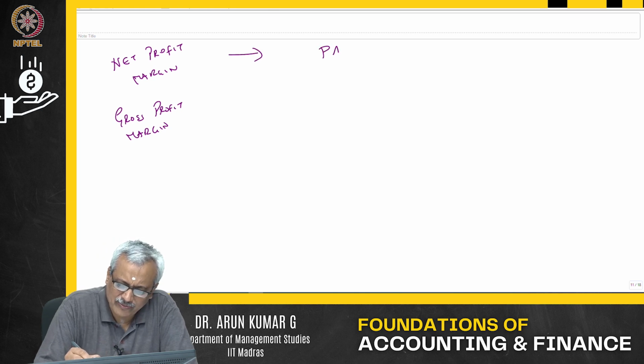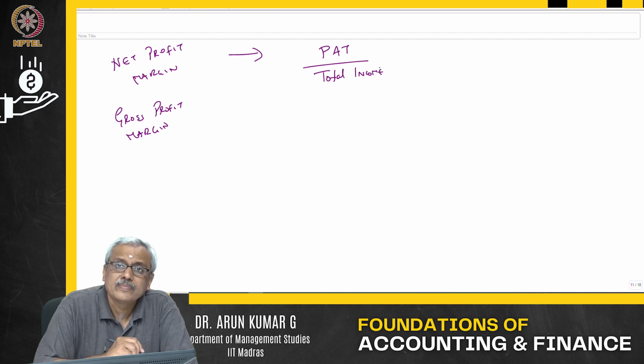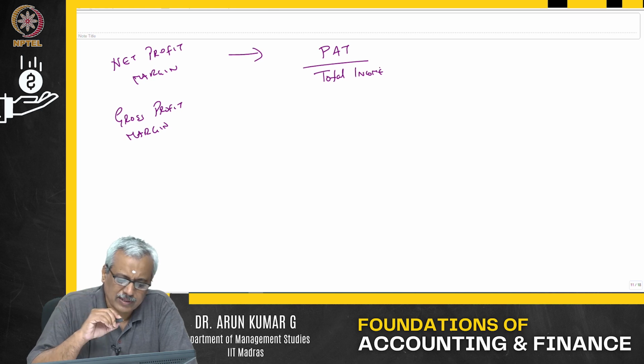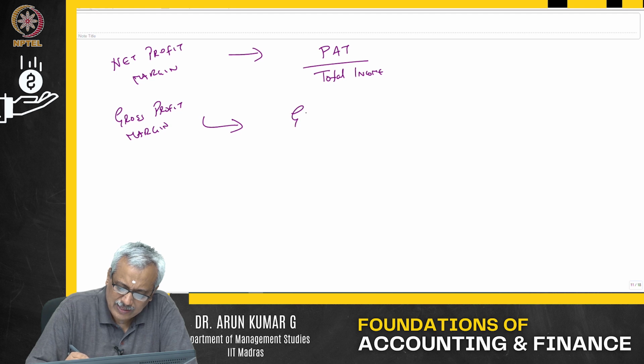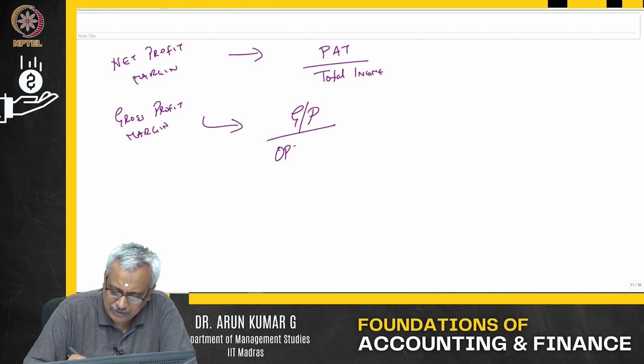I will say my profit after tax divided by my total income. Whereas my gross profit margin is my gross profit divided by my operating income.